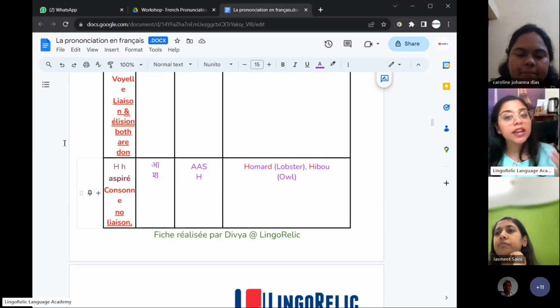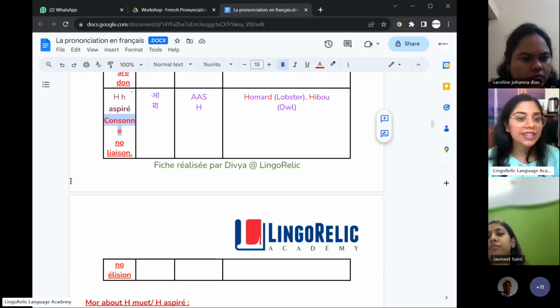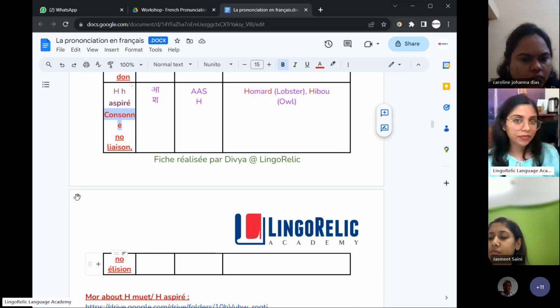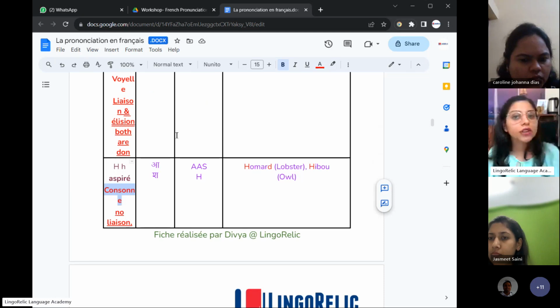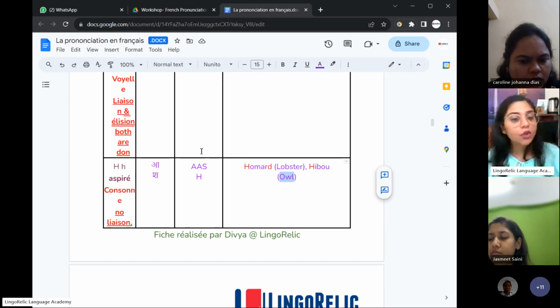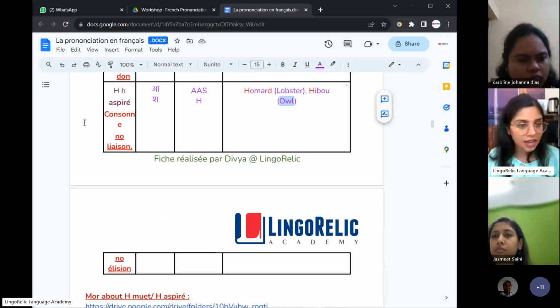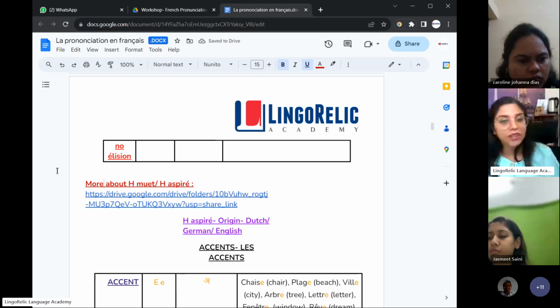But in your ash aspiré, the consonant, there is no liaison and no elision. This is an important rule to remember. So this is for other words like homard, which means a lobster, hibou, which means an owl. Okay, so how do you identify, how do you recognize is the question here. Students ask me this, how are we supposed to know whether this one is ash muet or ash aspiré?